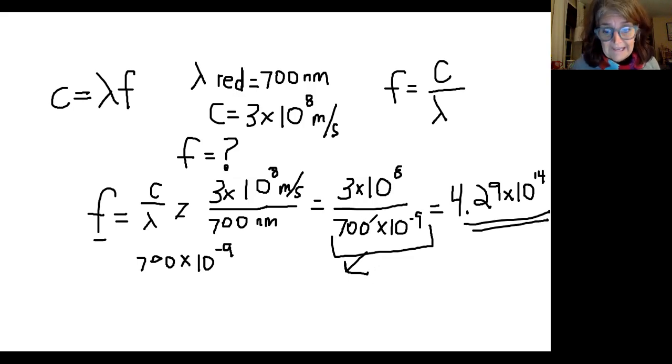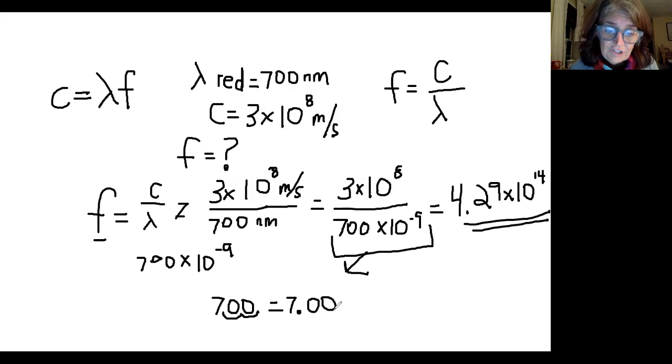So what we can do here with the 700 times 10, first of all, we can convert 700. Here's our decimal place. We want to move it 2 to the left to create a scientific notation.